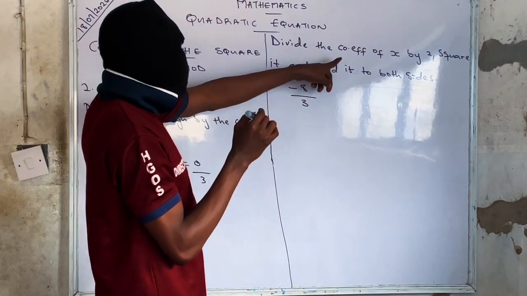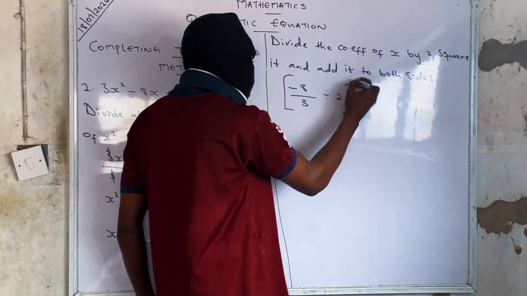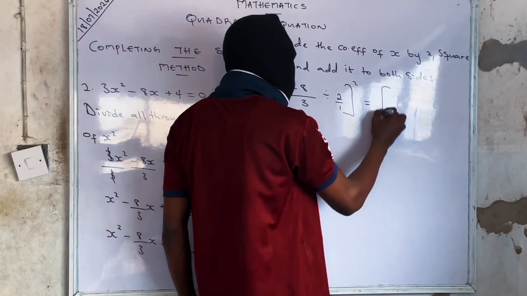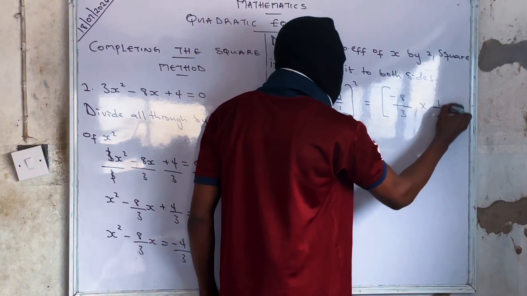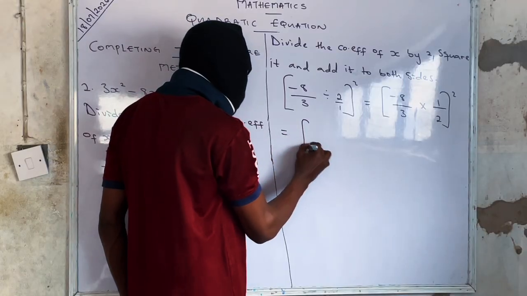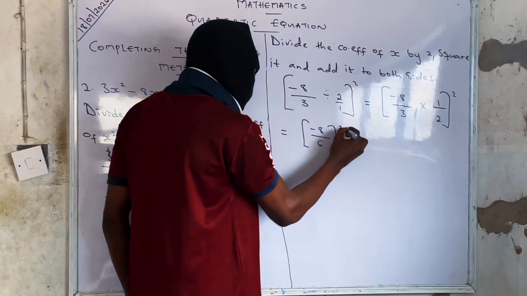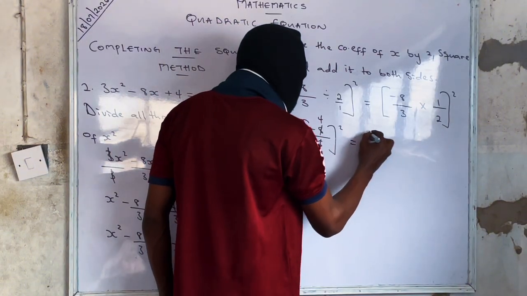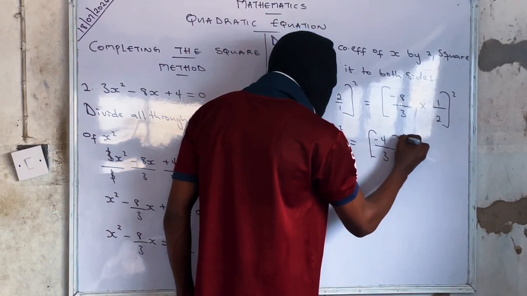We divide it by 2, then we square it. Since we have over 1 here, it will be minus 8 over 3 times 1 over 2, then we square it. Then we have minus 8 over 6. You can cut it, that is 3, then we have 4. Then it will give us minus 4 over 3 squared.